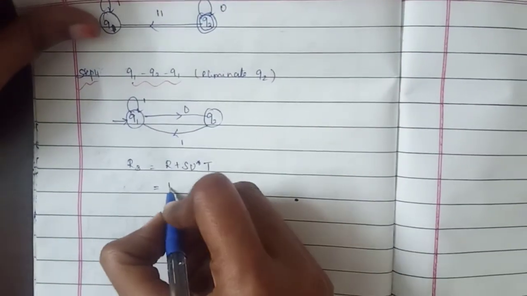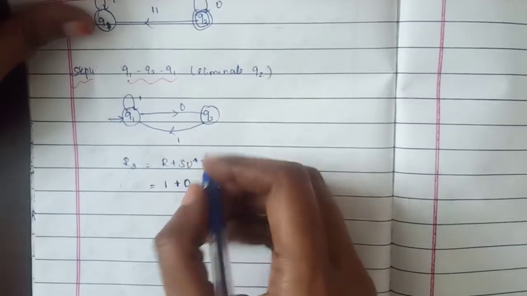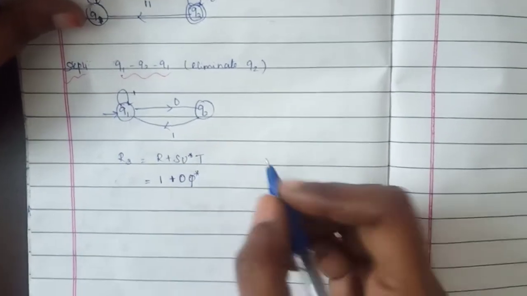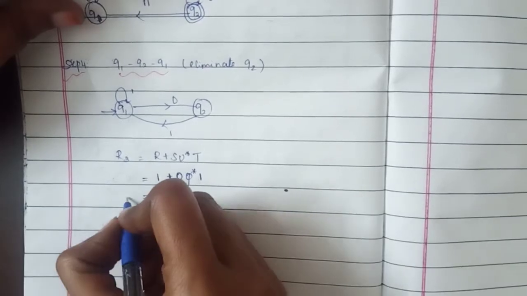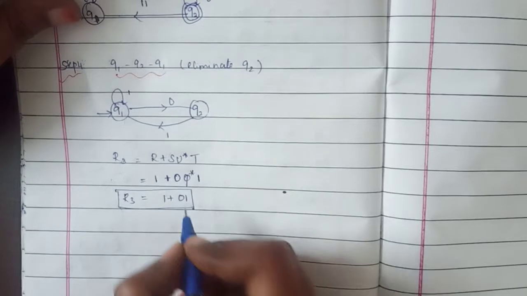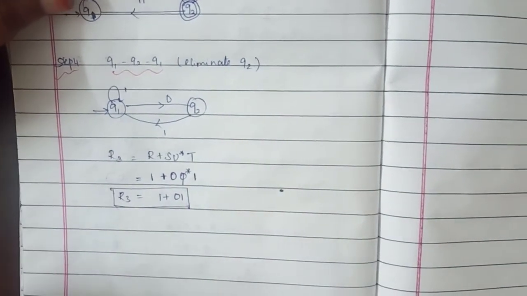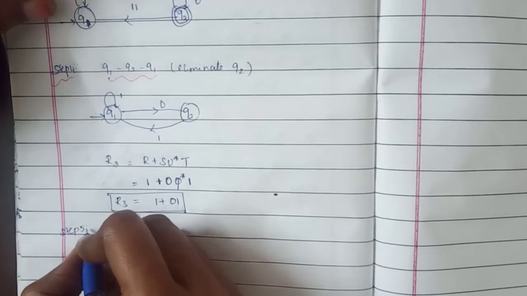For this R, this is 1 and S is 0 and there is no U, which is known as phi closure, and T will be 1. So when you see this, 1 plus 0 1. So this is my R3. Okay. 1 plus 0 1.